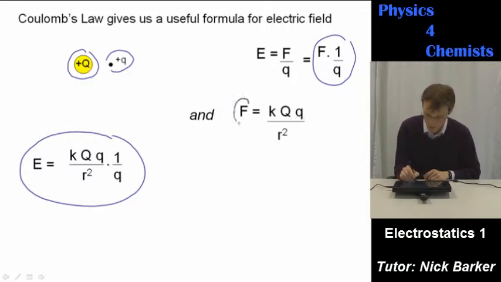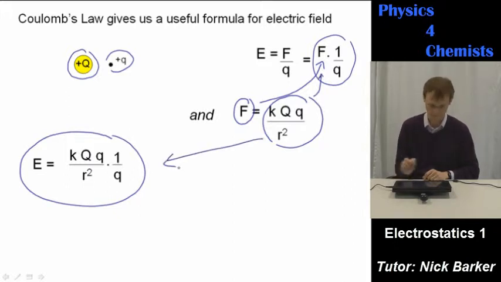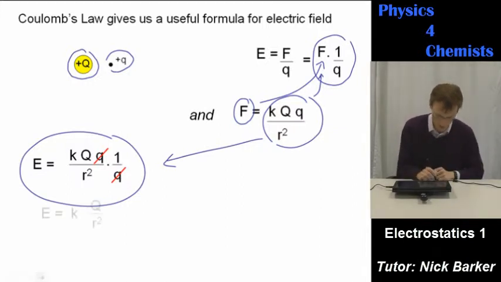Well, let's just substitute this F for this here. In other words, we're substituting all of that for that. And when we do so, we get this new formula. You can cancel those two charges, the lowercase q's, they appear in both, and so they disappear. And you end up with a very important formula, which is this.